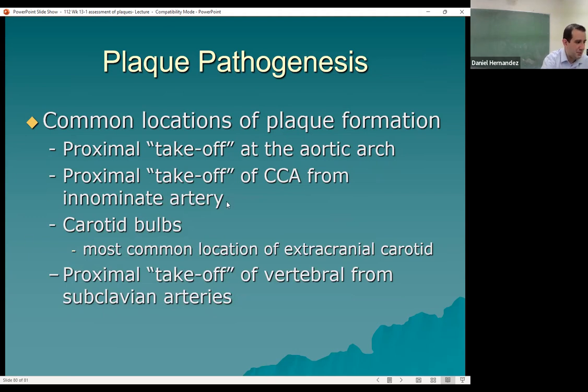The carotid bulbs, again, are the most common location for extracranial carotid artery disease, and then our bifurcations right at that split as well. When we're talking about vertebrals, it's going to be the origins, where they come off the subclavian arteries. That's going to be our most likely location for plaque formation.